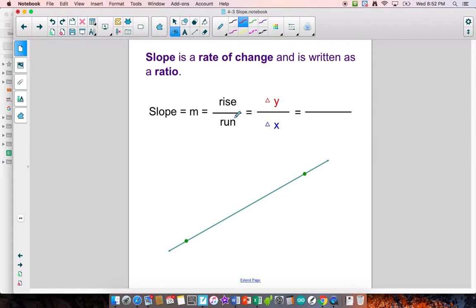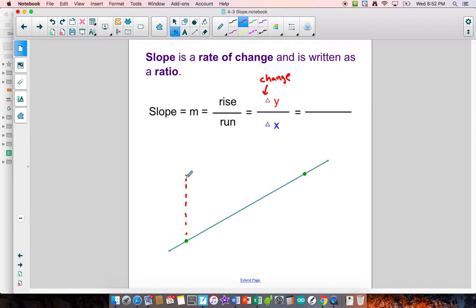It's defined as the rise divided by the run, and this triangle right here means change. So it's really just the change in the vertical direction, which is y, divided by the change in the horizontal direction, which is x. So when I went from this point to this point, what is the change in the vertical direction? Well, that is, ladies and gentlemen, this distance right here.